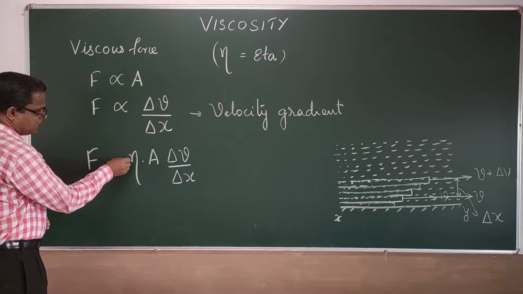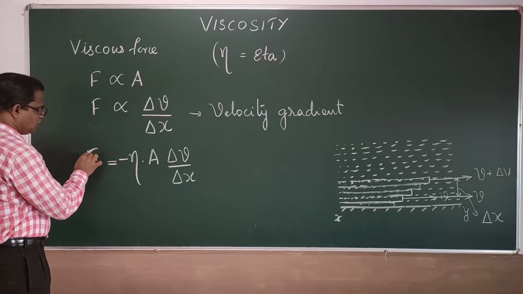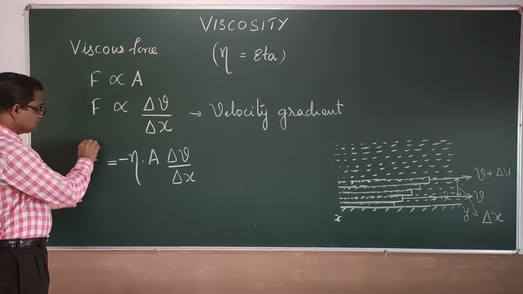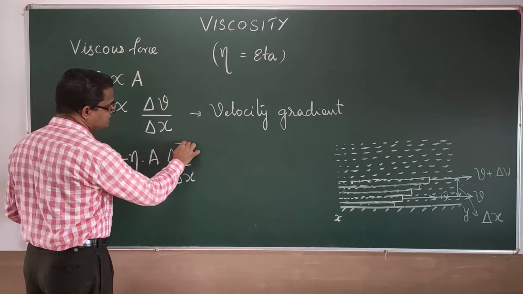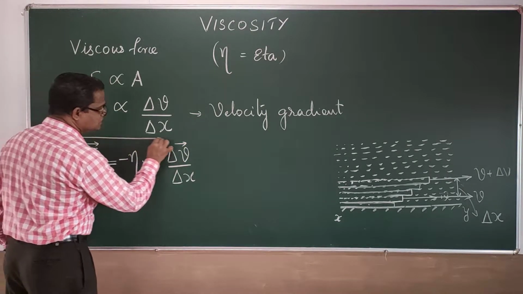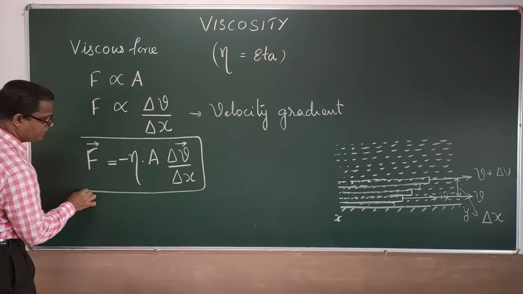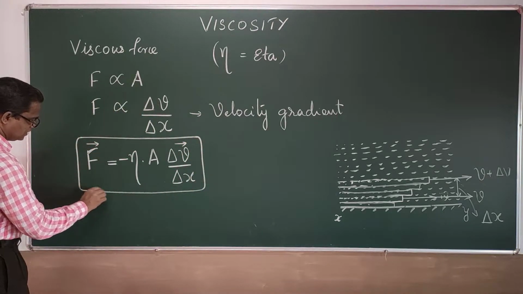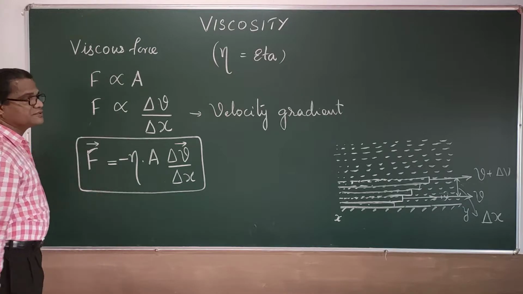And there is a negative sign you can give because the viscous drag is always against the motion of the liquid. So this we can take as the basic equation for the viscous force.